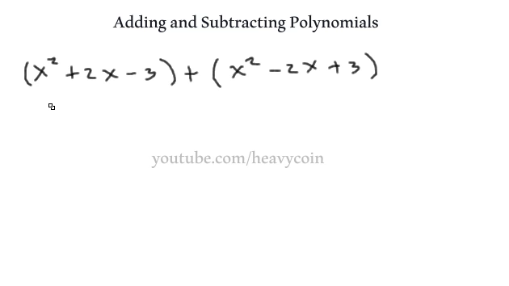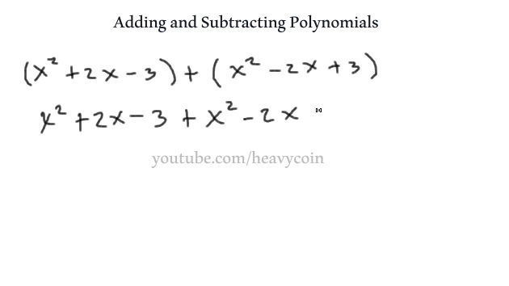So we drop the parentheses and collect up all the like terms. I'm just going to rewrite this, and you should be following along, writing this as well, maybe trying to simplify this before I do. Our like terms are, for example, x squared. We have two of them, so that becomes 2x squared.